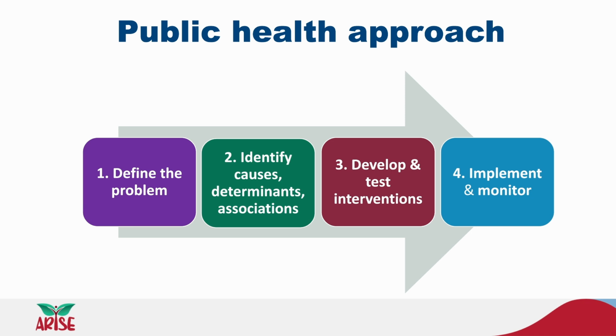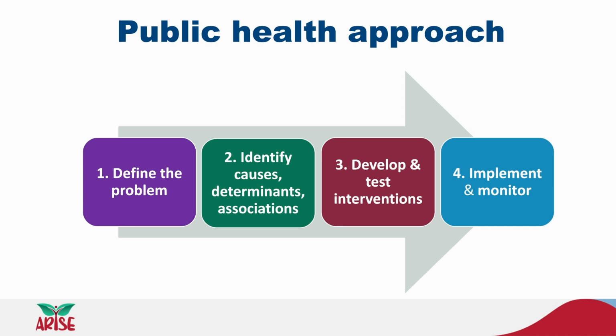Once we have tested the interventions and found that they are effective, we can continue to step 4 as we implement these interventions in healthcare facilities and communities. And then we follow people up over time to see how well these interventions are being implemented and how they are working.